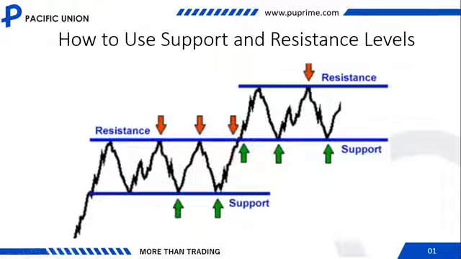One thing I like to tell people is that you could see this as a kind of tug of war. The downside, the support region, is where the people willing to buy push the price up, and the resistance, the camp that resists, are the ones willing to push the price down by doing what?